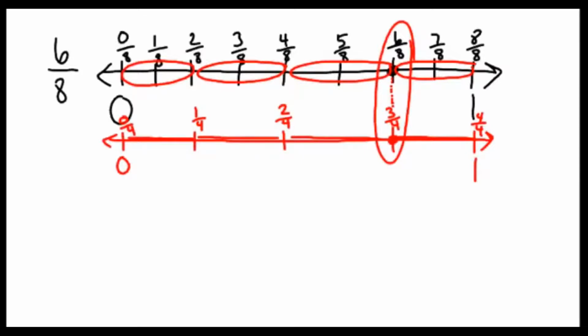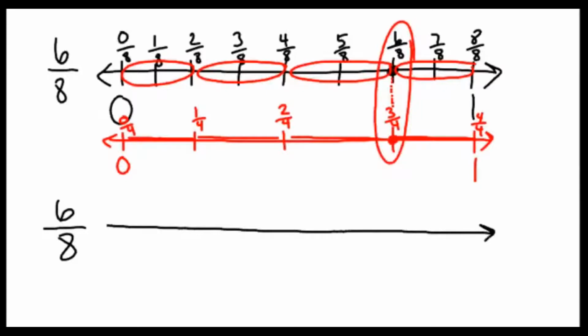Is 6 out of 8 equivalent to another fraction? Yes, of course. So let's write 6 out of 8 again, and we will draw the same number line again with 8 pieces. Let's draw it together, of course from 0 to 1. Now we have 8 pieces.